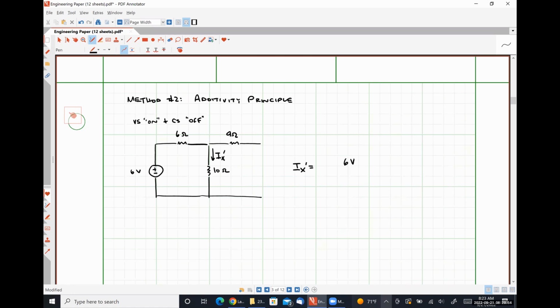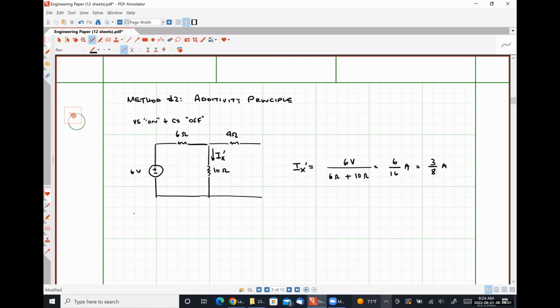So 6 volts divided by the total series resistance that our 6-volt source sees, which is 6 ohms plus 10 ohms, looks like 6 over 16 amps, or simplified very slightly, 3/8 of an amp. So that analysis was significantly more trivial than what we just did. That number is not what we just got because we're only halfway finished, okay?